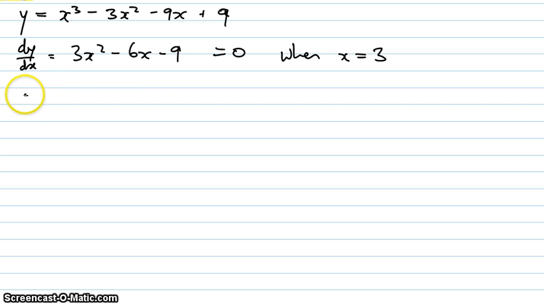From this, we can find the second derivative, d2y dx squared. So we'll do a second derivative test to find out whether this turning point is a maximum or a minimum. And we find that this is going to be 6x minus 6.